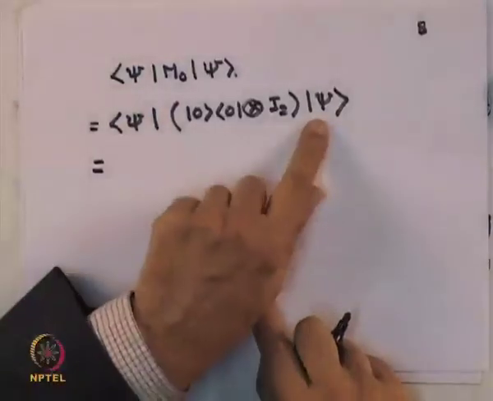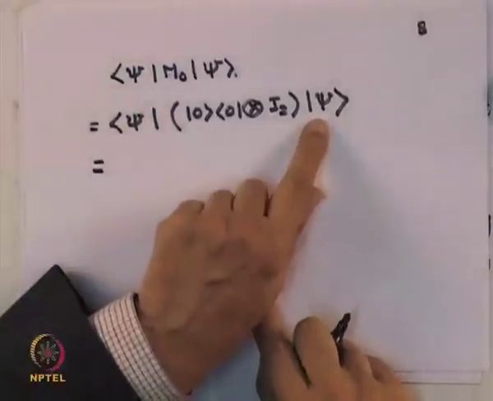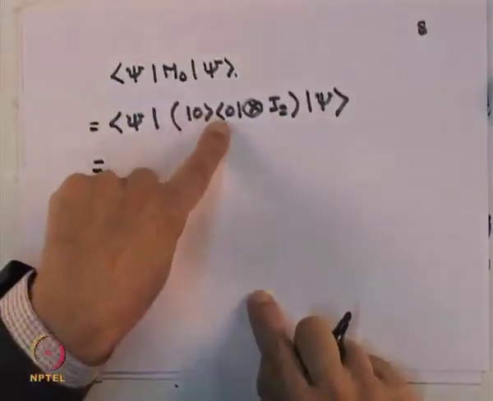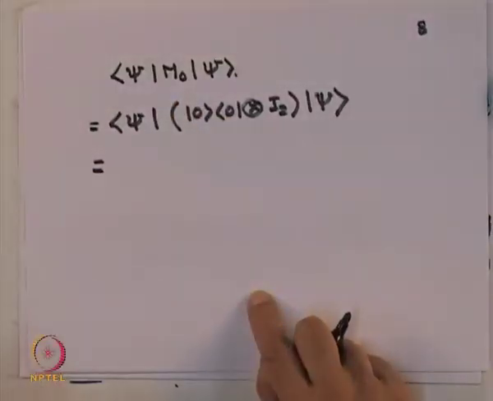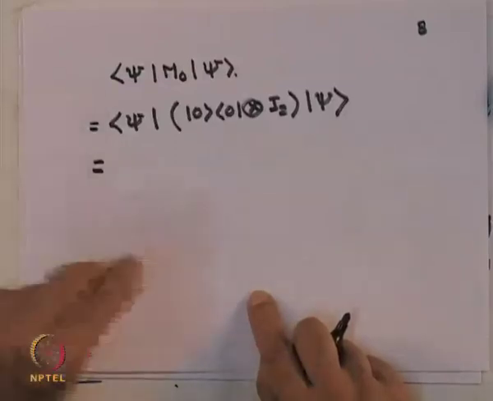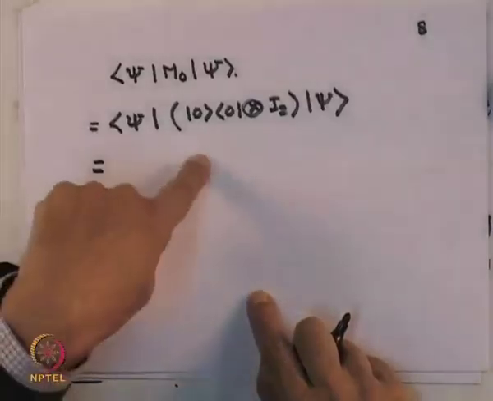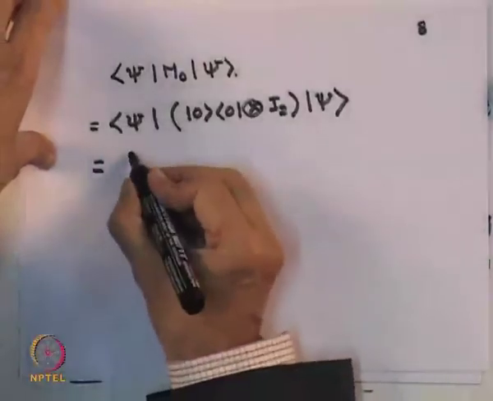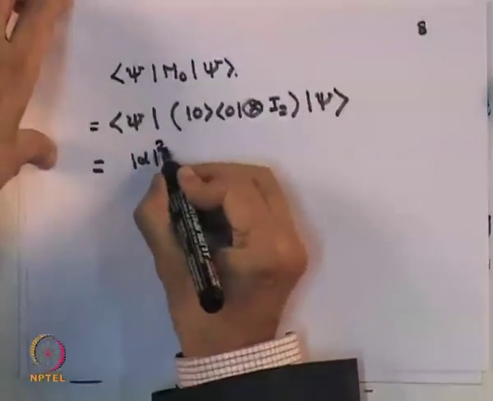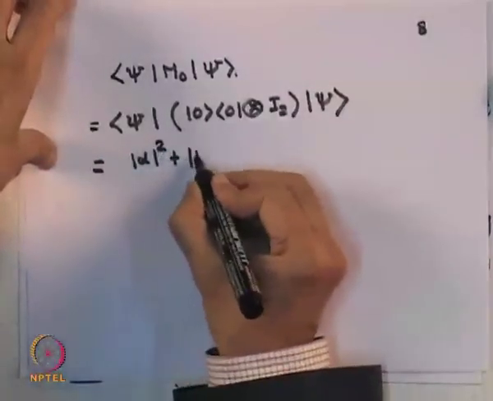I have already given you the psi there, and you remember that this is the operator for the first qubit, and only my first two terms of psi, namely alpha|00> plus beta|01>, had 0 in the first place. So that will be the only term that will survive, and trivial algebra will see to it that this is actually |alpha|^2 plus |beta|^2.